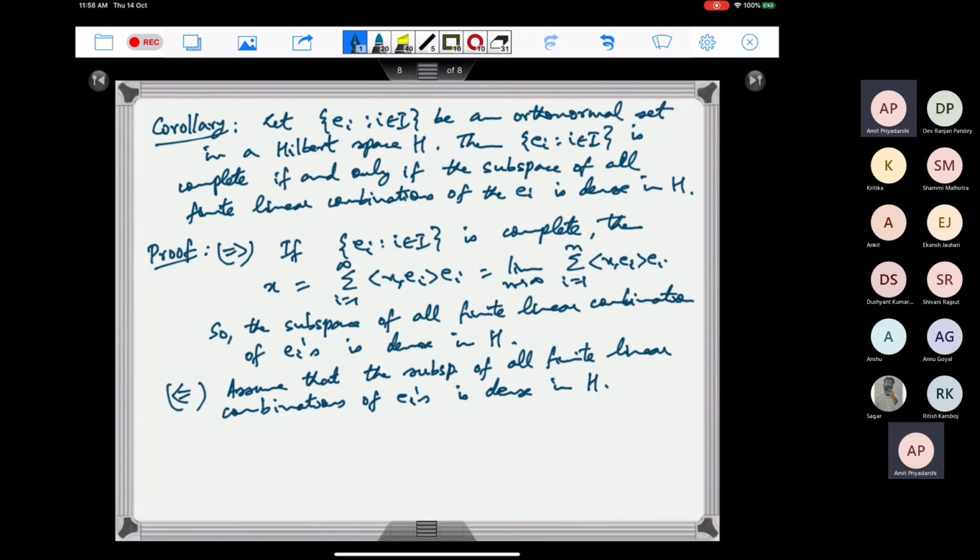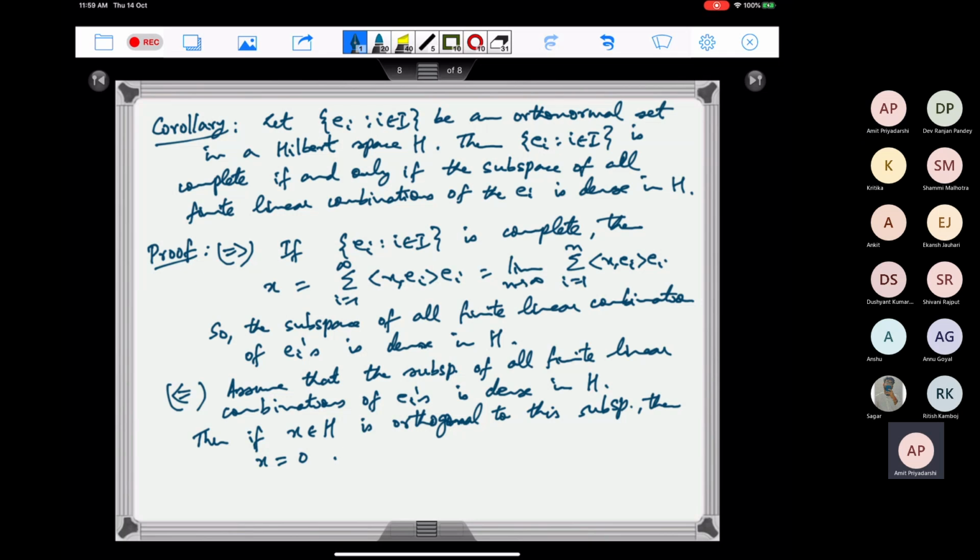So then if x belonging to H is orthogonal to this subspace, then x must be equal to 0, because we know that the orthogonal complement of any set is equal to the orthogonal complement of its closure, and the orthogonal complement of H is equal to 0, so x has to be 0.